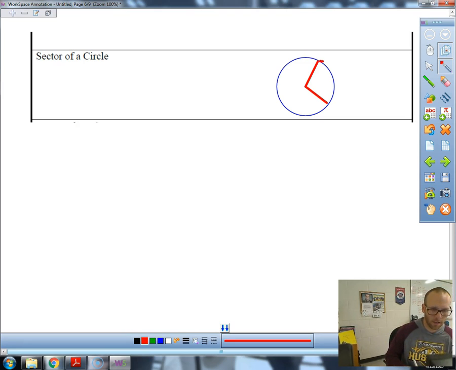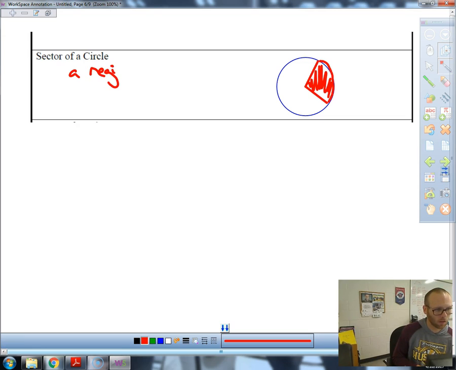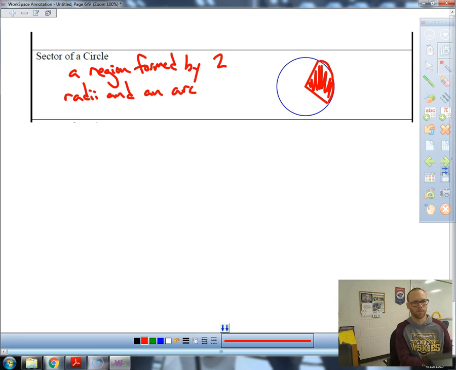Let's draw in the arc. That is a sector. It's like a slice of the pie, a slice of the pizza. The sector of a circle is a region formed by 2 radii and an arc.